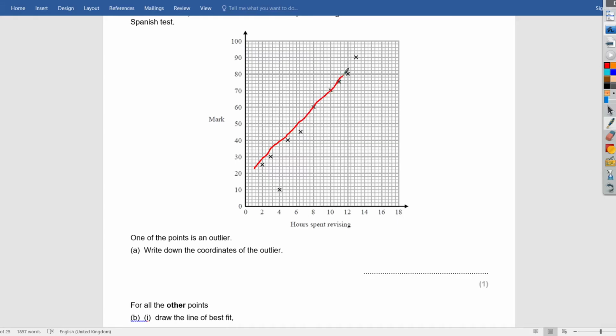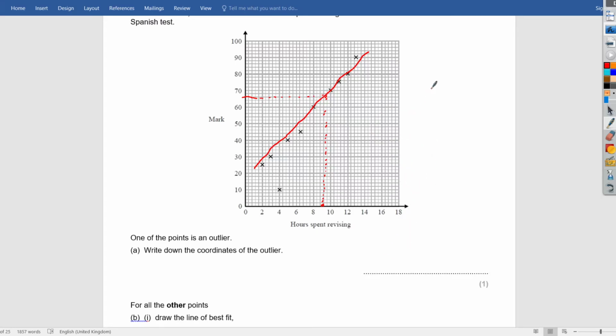Careful. Use the ruler. The line of best fit. Person studying 9 hours, go up in a steady straight line and go along here. The mark the student will be expected to get is about 65 approximately.